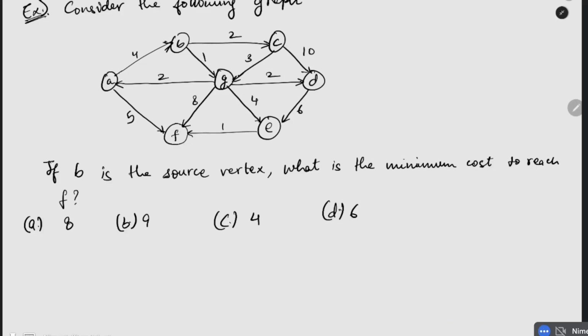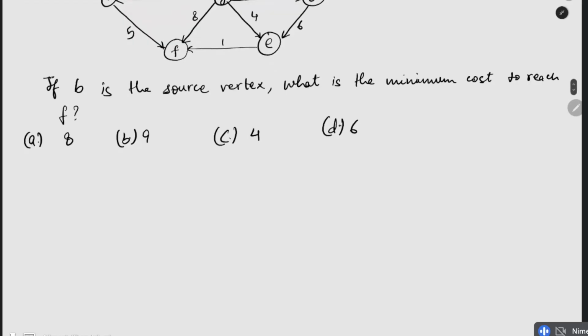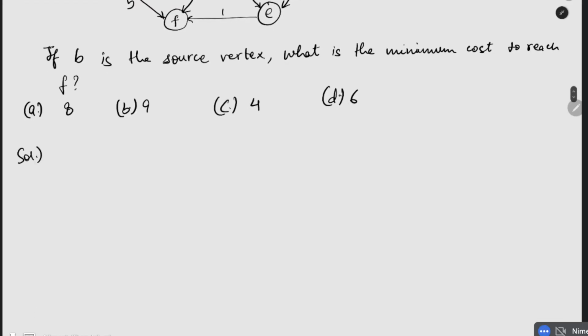And since we have a directed graph that has weights also on the edges, what we can try to do is we can try to use Dijkstra's algorithm to find the shortest path, right? And let's just first write the pseudocode for Dijkstra's algorithm, right?